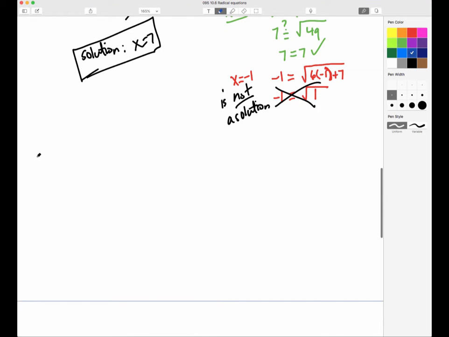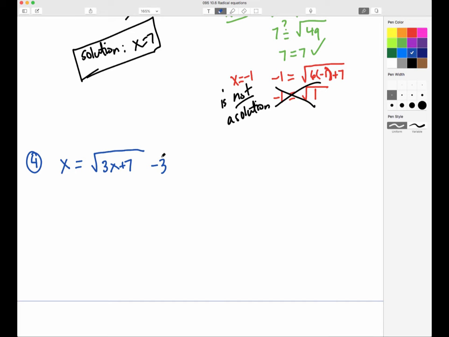All right, on to our fourth example. X equals the square root of 3x plus 7, and then we want to subtract 3. So in this problem, we have a variable over on the left side, then we have the radical, and then we're subtracting a constant.